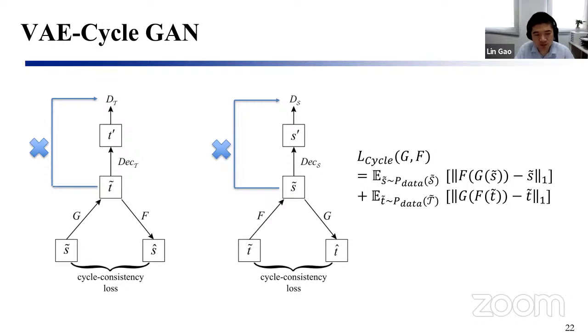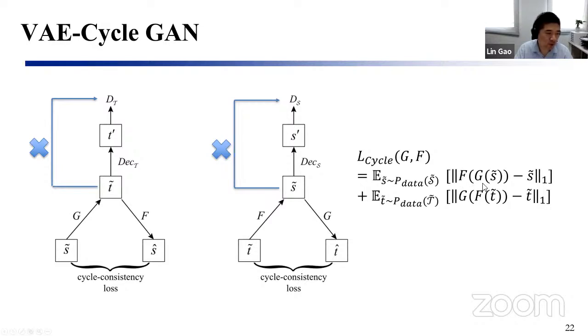And in another view, from the target to the source with the F function and going back to the target domain with the G function, the difference between the two targets should also be as small as possible. Here we define this loss as the cycle loss. The formulation is located in this equation. We apply two functions. Given the source latent code, after the G function we go into the target space and go back with the F function.